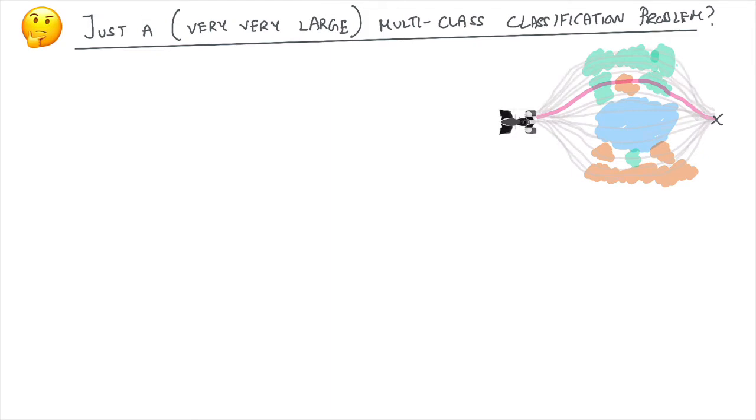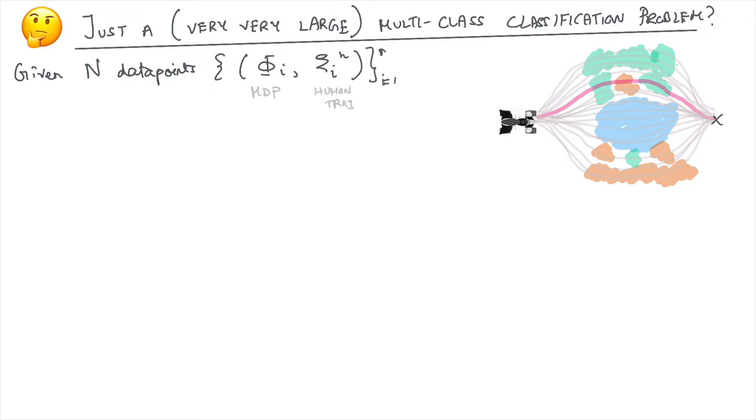So if you think of this as a classification problem, what is a data point? Well, each data point is an MDP, a scenario that the robot visits, as well as a demonstration, what the human does. So each data point is phi i, which denotes the MDP, and xi i that demonstrates what the human would do in this setting.